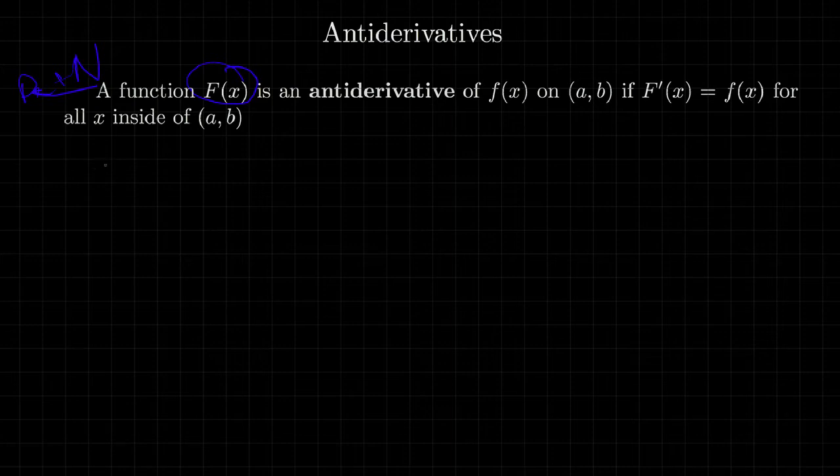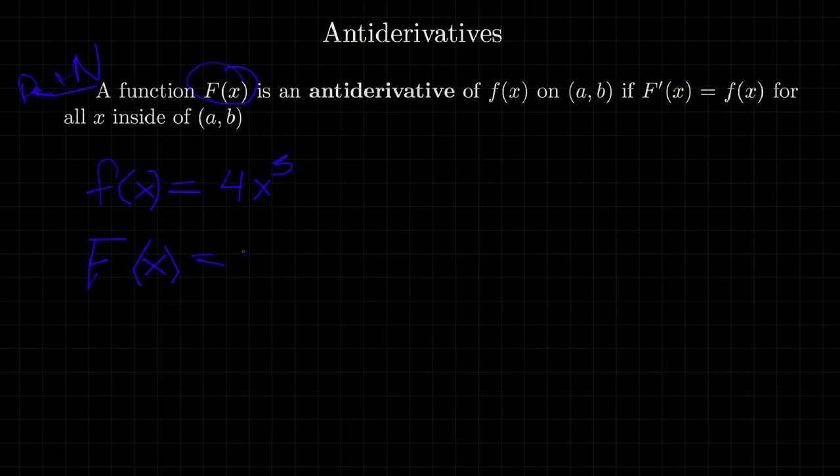So basically, you've got a function. And I'm just going to give you a really simple function, 4x to the third. And so we say that capital F of x is an antiderivative of little f of x if its derivative is equal to that.